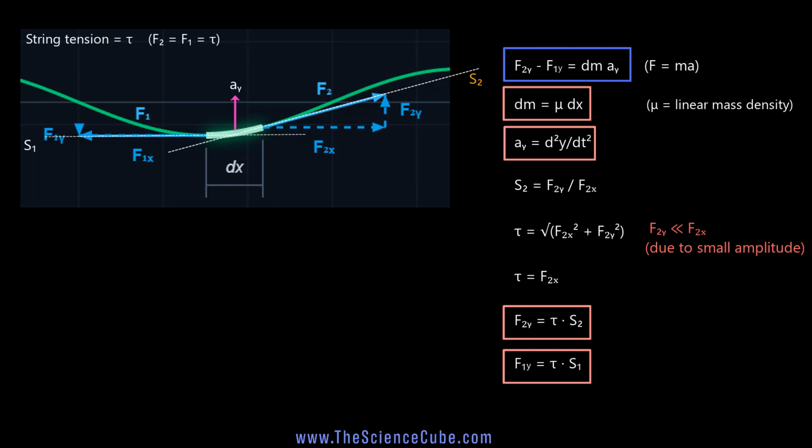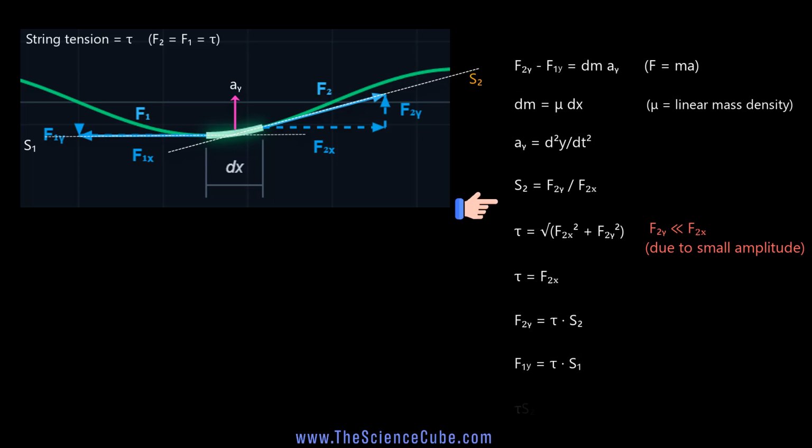We replace F2y with tension times S2, F1y with tension times S1, dm with mu dx, and ay with d2y upon dt2. And we get tension times S2 minus tension times S1 is equal to mu dx times d2y upon dt2.